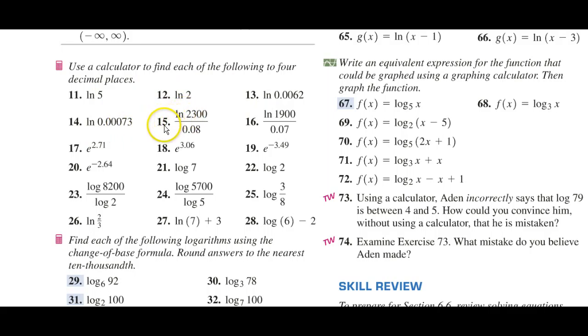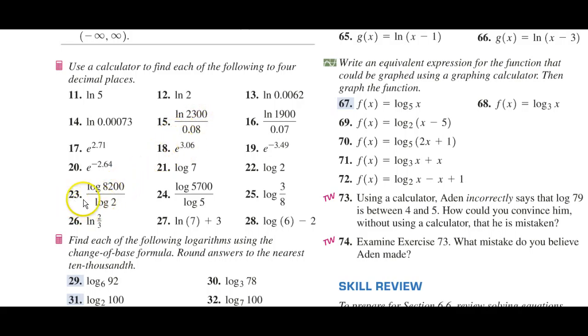Now number 15 would be tricky, because it's natural log 2,300. Now you then put divided by 0.08. You don't hit natural log again.